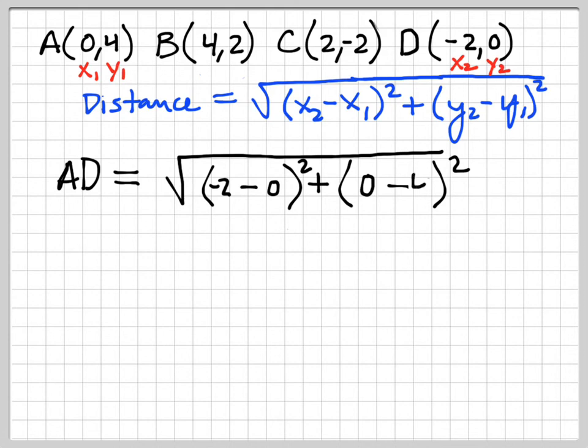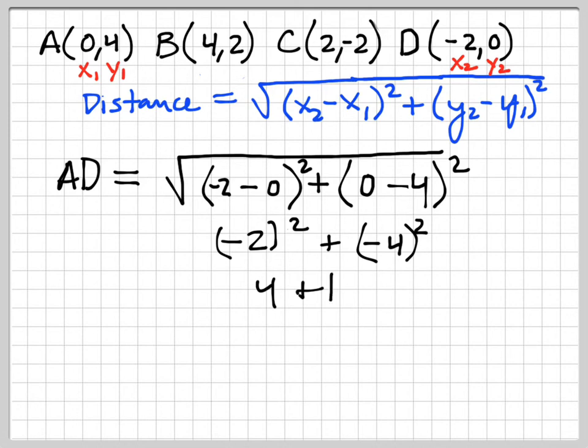Positive 4. My bad. Okay, this gives me negative 2 squared. This gives me negative 4 squared, which is 4 plus 16, which is also the square root of 20, which is equivalent to 4.5. Okay, 2 more times.